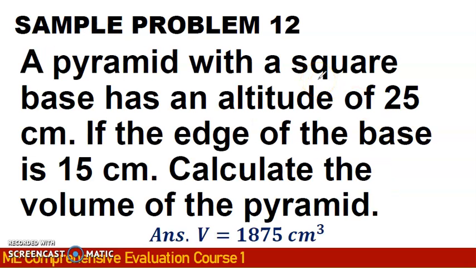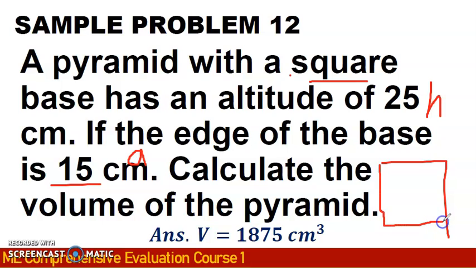A pyramid with a square base has an altitude of 25 cm. So this is the altitude h. If the edge of the base is 15 cm, so this is a, our base is a square with 15 cm.